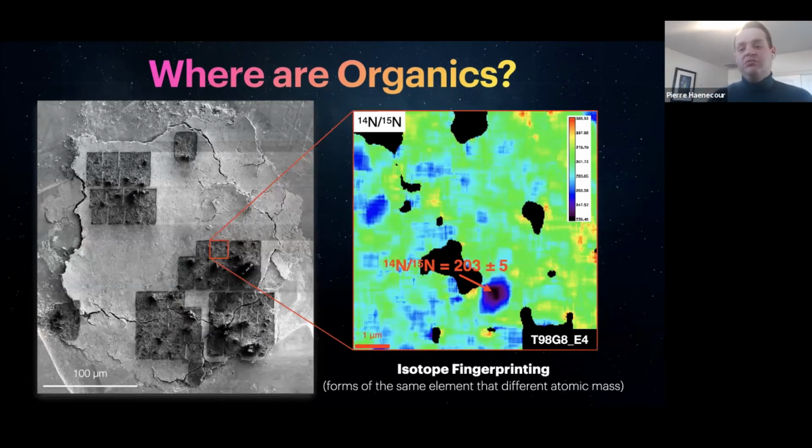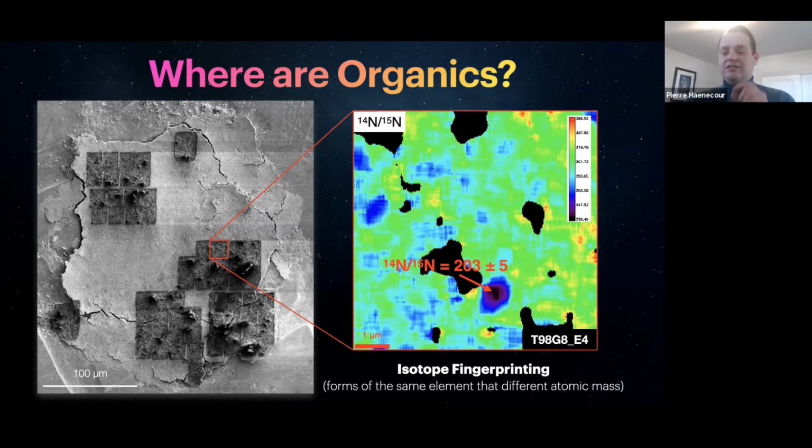Here you can see we use imaging, and one of the key things we use for retracing the origin of a material is isotopes, which are different forms of the same element that have different atomic mass. When we map those isotopes in situ, here you can see one example of a map: a nitrogen isotope, the nitrogen 14 to 15 ratio. You're comparing the ratio of those isotopes pixel by pixel, so it gives you an image.